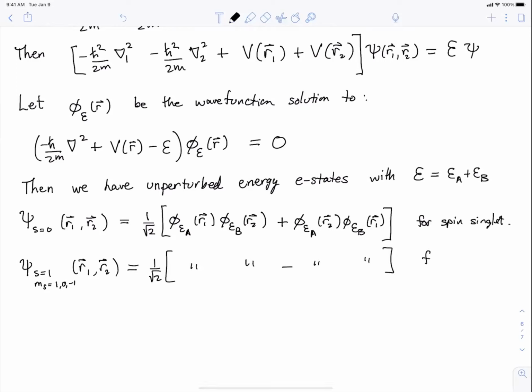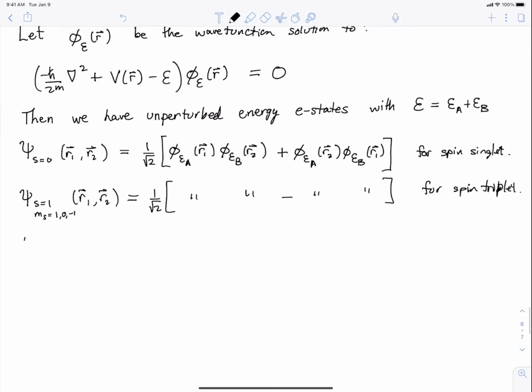Okay, and that's for the spin triplet. And because I'm assuming that there's no interaction between the electrons temporarily, all 4 of these wave functions are degenerate in energy. So there's a full 4-fold energy degeneracy.